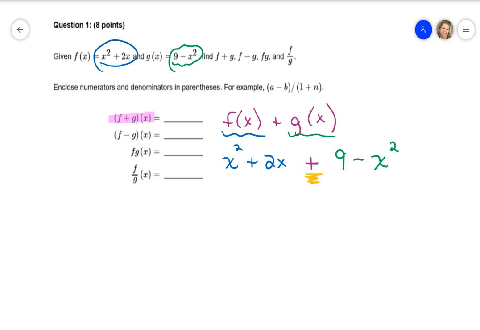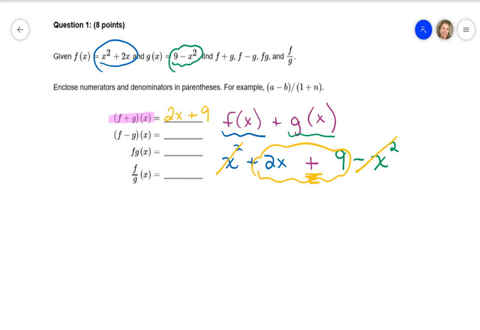So I'm just going to combine like terms, and the x squared and the minus x squared cancel out. So all I'm left with here is the 2x plus 9, which are not like terms, so that's my answer. 2x plus 9. All right.